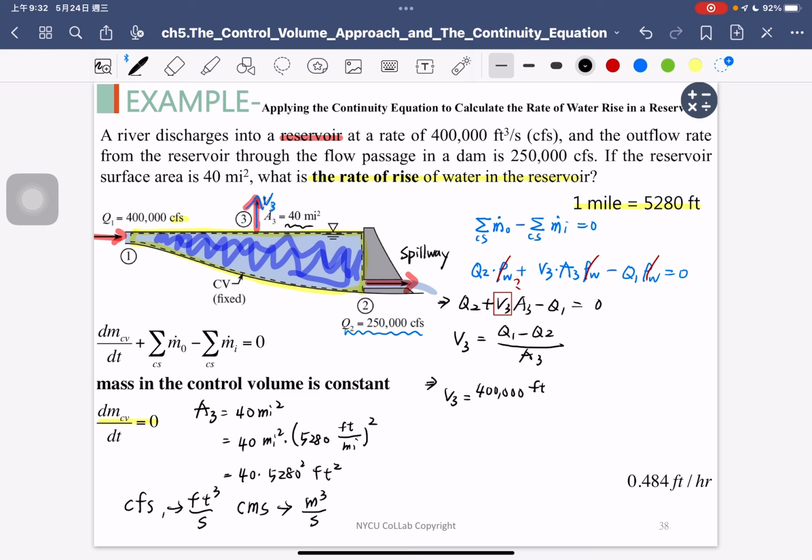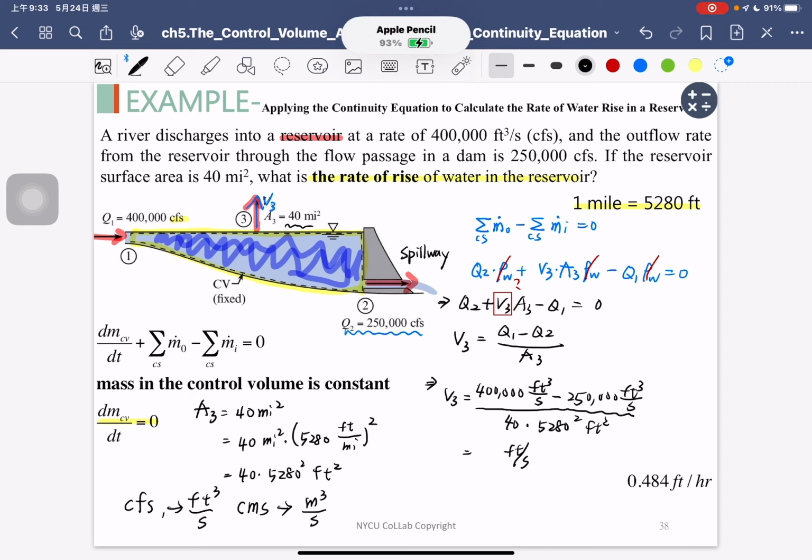So this is feet cubed per second, minus the Q2, which is 250,1000 feet cubed per second, divided by 40 multiplied by 5280 squared, feet squared. So you can double check the unit balance, the dimensional balance. Finally, your unit here is the velocity dimension, feet divided by second.